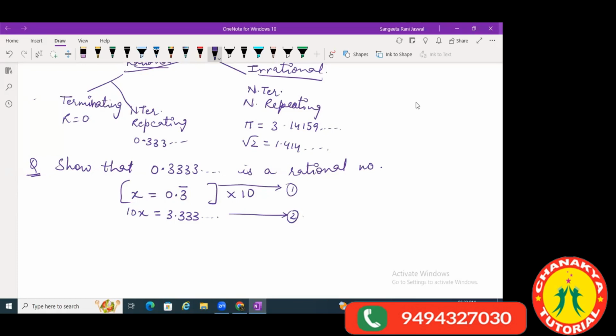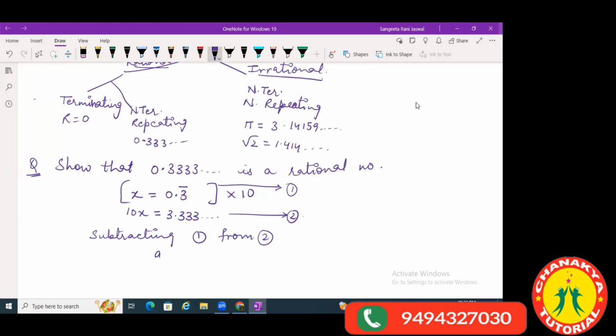Now I subtract equation 1 from equation 2. Okay, so when I subtract equation number 1 from 2, what do I get? 10x minus x will be 9x. Is it?